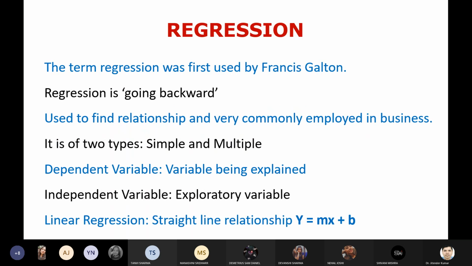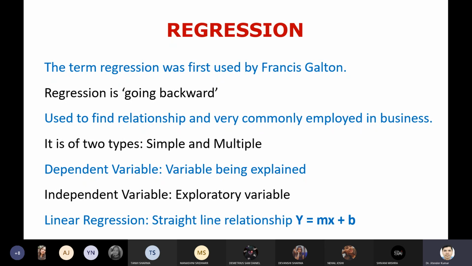All right. So it was first used by Francis Galton, who did this experiment on the height of kids. In regression, we basically try to establish the relationship and the strength of the relationship. Regression is basically of two types: simple regression and multiple regression.